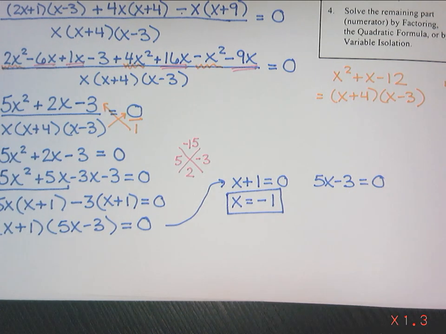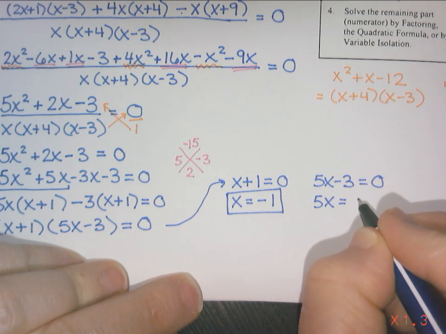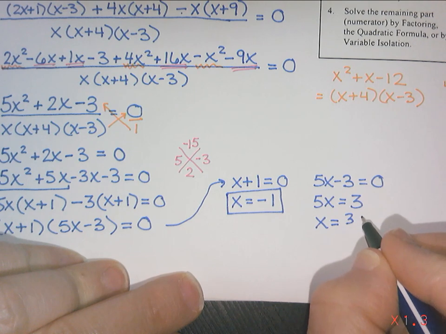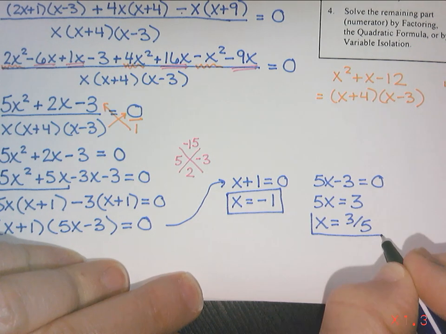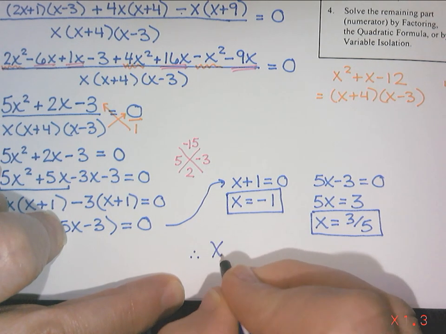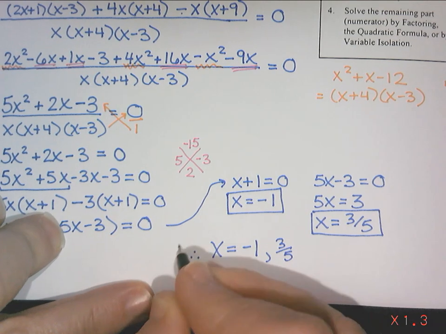And then the 5x minus 3, I would add 3 to both sides to get 5x equals 3, and then divide by 5 to get 3 over 5. So I have 2 possible solutions. One of them is x equals -1, and the other one is 3 over 5.